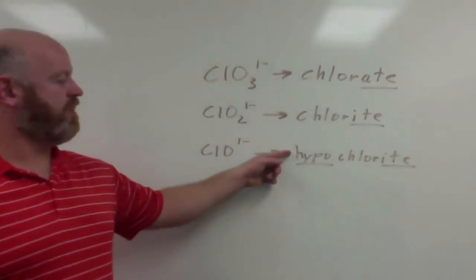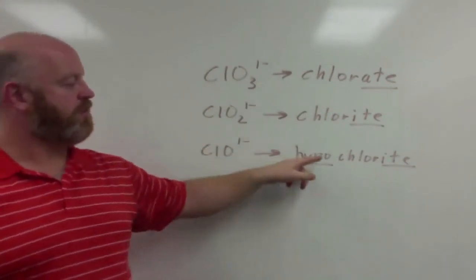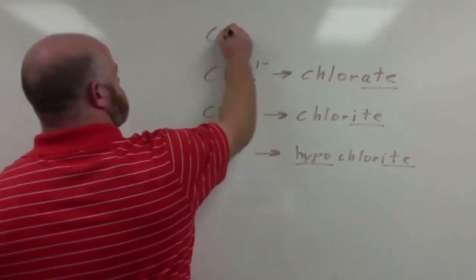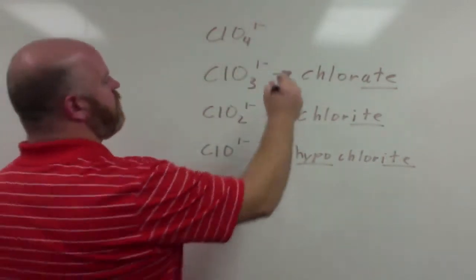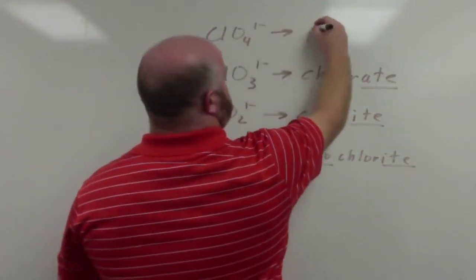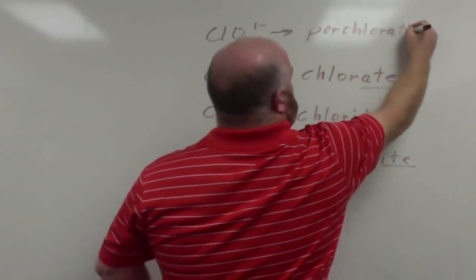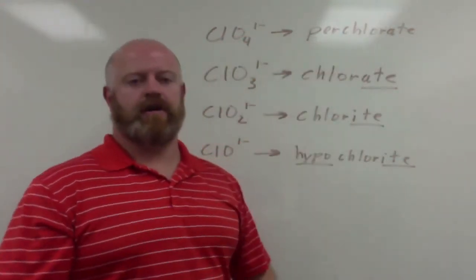So we put the prefix on that tells us that we've done it twice. We reduced it twice, so it's hypochlorite. If you add an oxygen from your ate, we put the prefix per on it. So adding an oxygen, we get perchlorate.